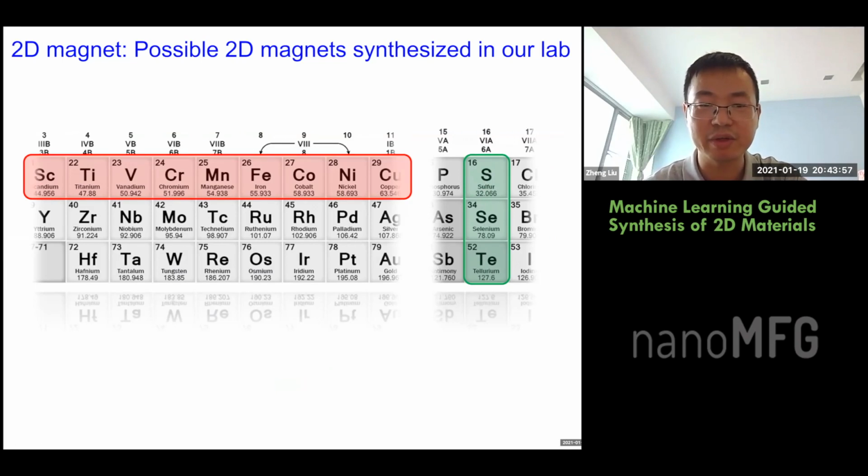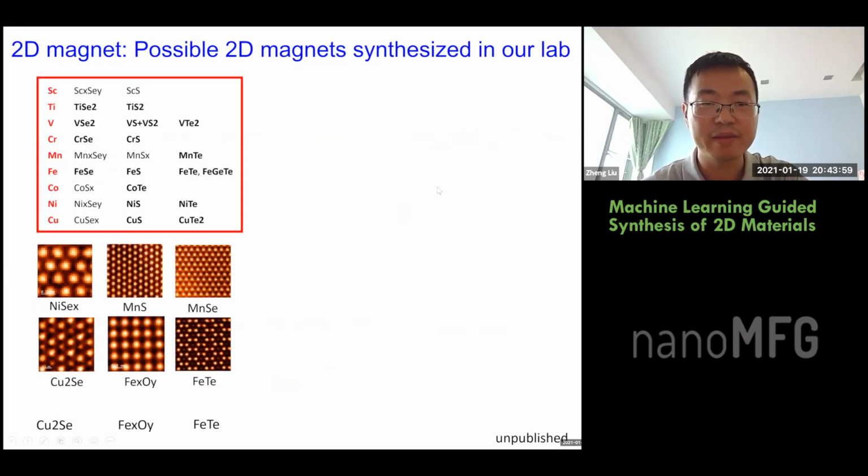So we tried this, and it turns out there are a lot of new phases that can be formed by the reaction of the two groups, right? Here we show the possible candidate materials, and the materials in bold we have already produced in our lab.